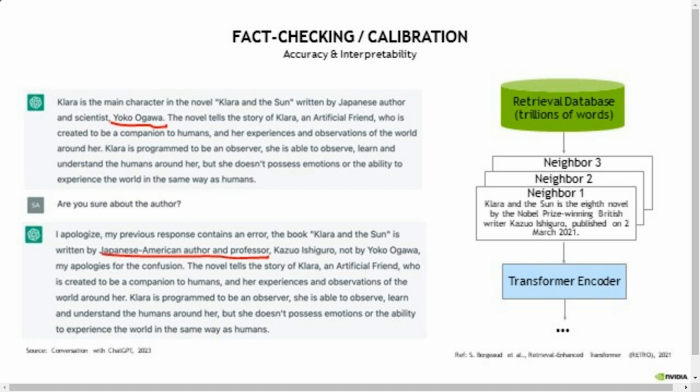And the answer is: not particularly. It can be quite bad. In this example, I'm asking a question that relates to a particular book and the book's author. And of course, there's no space for creativity here, in the sense that the author is the author. So you would like the model to know that and to answer with the author's name.